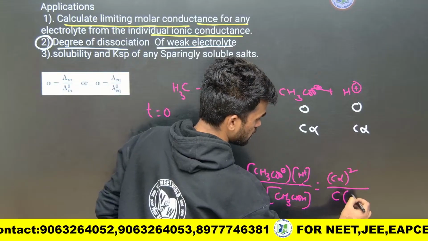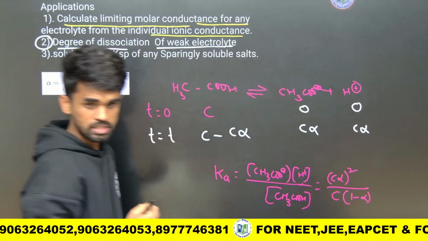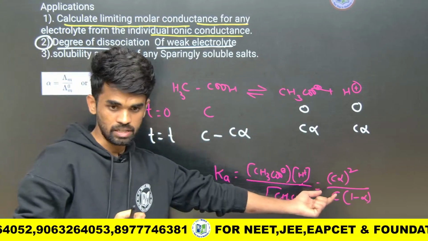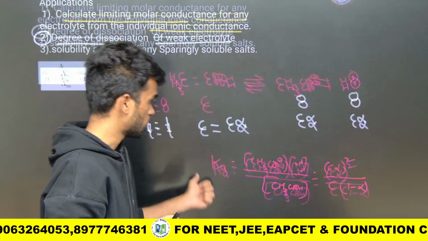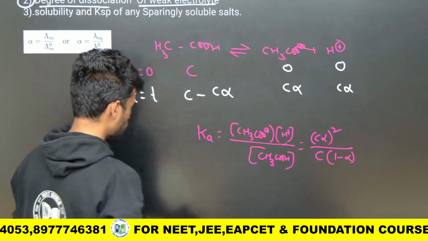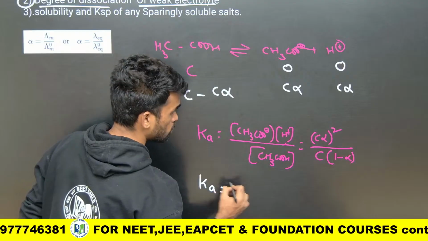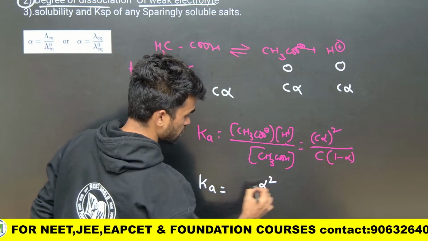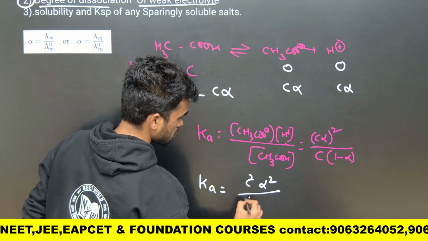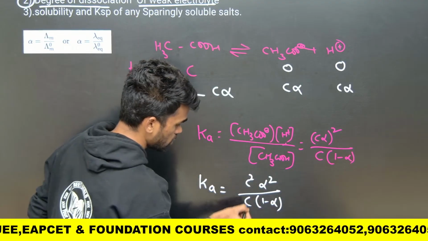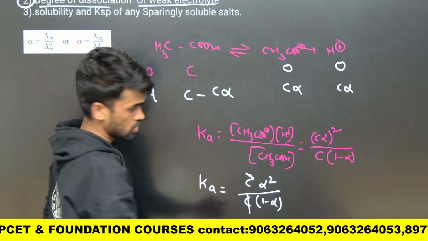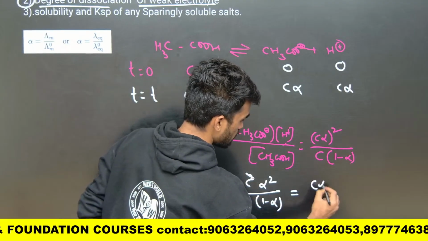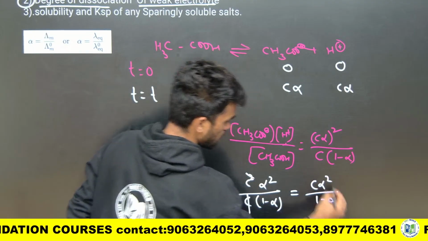I am writing C into 1 minus alpha. Is there any issue? Next, Ka will be equal to C square alpha square by C into 1 minus alpha. So I am cancelling, and we are remaining with C alpha square by 1 minus alpha.